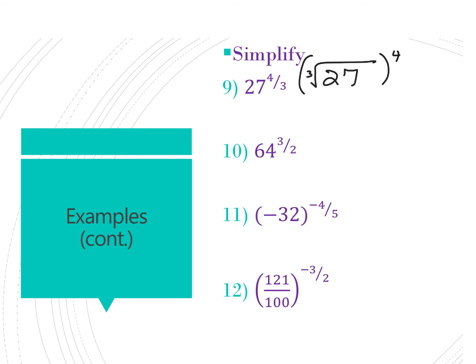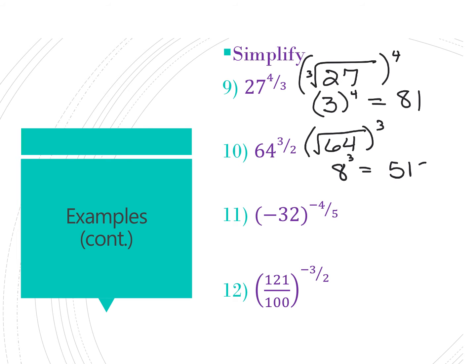Cubed root of 27 is 3, and then I raise that to the 4th, which gives me 81. Because 3 times 3, 9, times 3, 27, times 3 again, 81. Next one, same thing. The denominator is the root. The numerator is the exponent. Square root of 64 is 8. 8 to the 3rd power, 512.